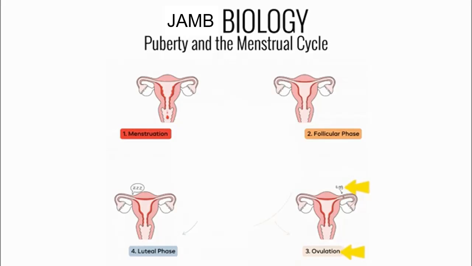In stage 3, an egg develops and is released from the ovary at about day 14. This is called ovulation. At stage 4, the final stage, the wall is maintained for about 14 days, until day 28. If no fertilized egg has landed on the uterus by day 28, the spongy lining starts to break down again, and the whole cycle repeats.